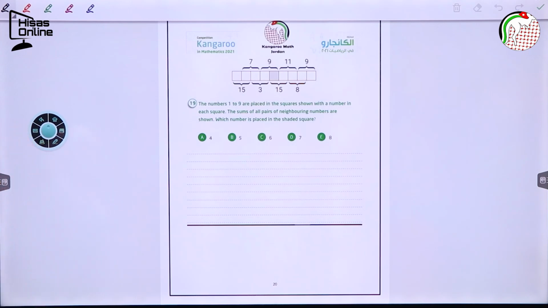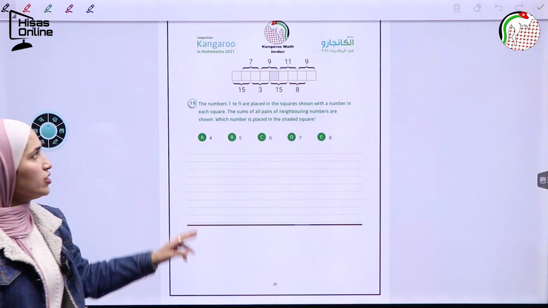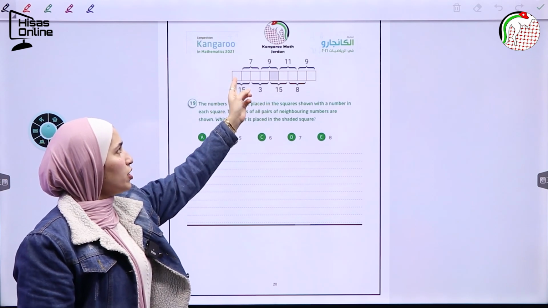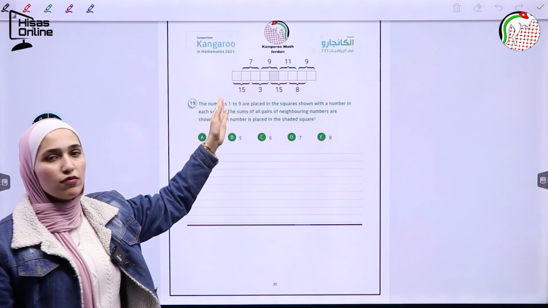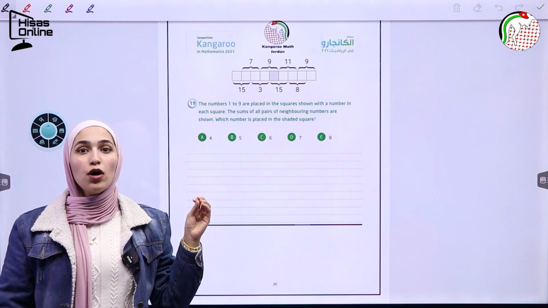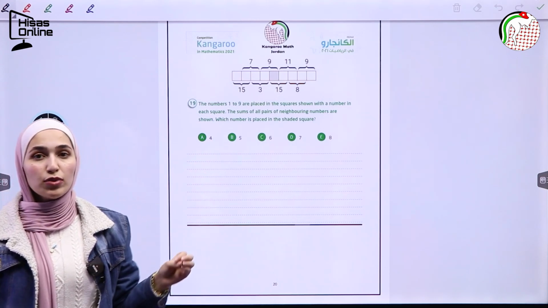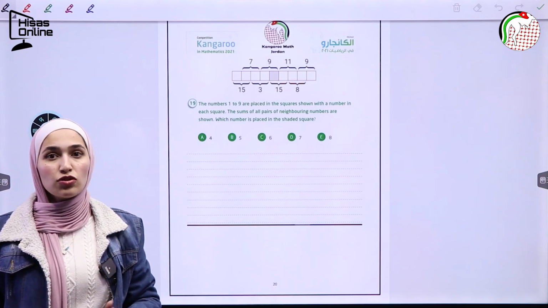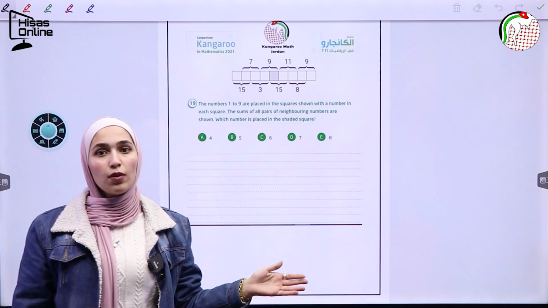Which number is placed in the shaded square? So students, first you should start from right to left, and as you see, square 1 and square number 2, the sum of them is 15. So you should find all the possible numbers that you can add together to equal 15. But don't forget, the numbers should be from 1 to 9.